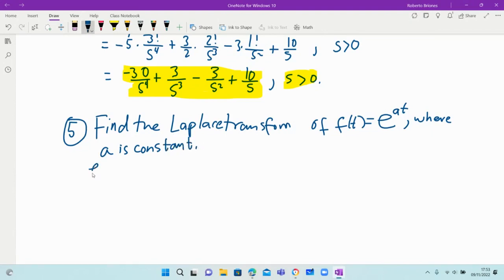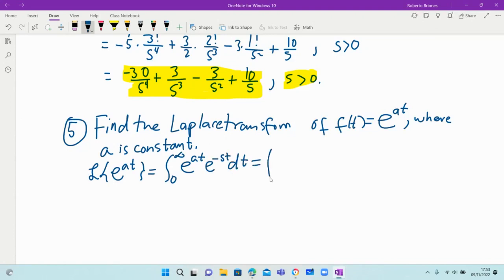Okay, so for the solution, the Laplace transform of e to the at will be equal to the integral from 0 to infinity of e to the at times e to the negative st dt.